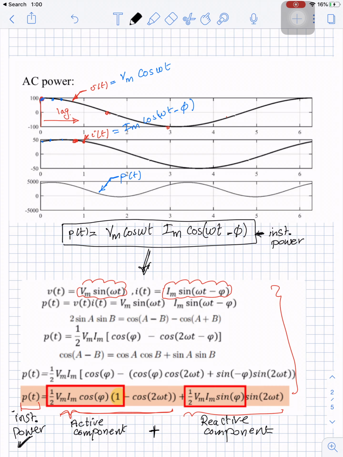Okay, so these two powers, the active and reactive components, are just a projection or analysis. We analyze the power into two components, but what we have physically in the circuit is just P of t. Okay, but we analyze it into two components.